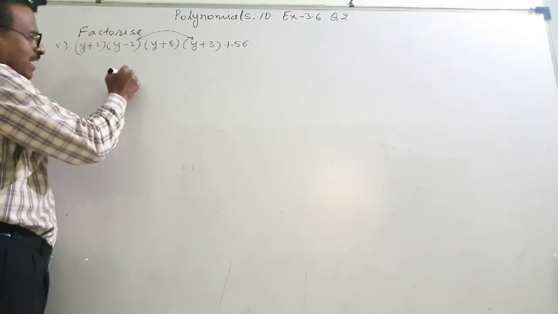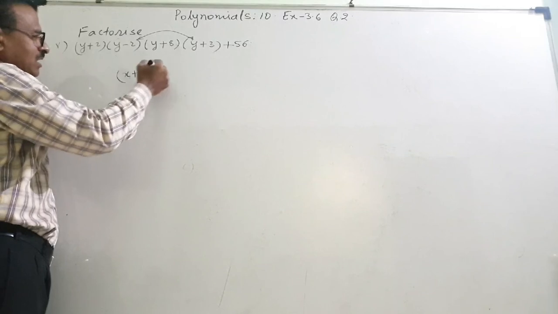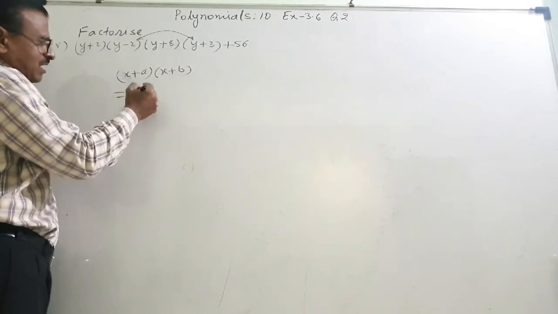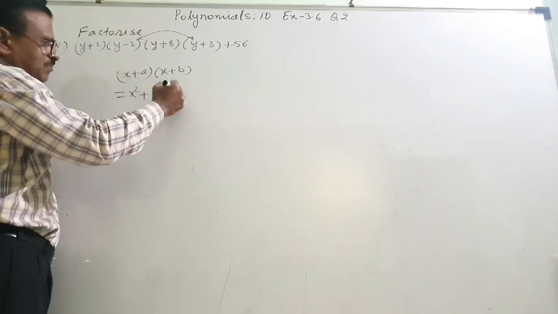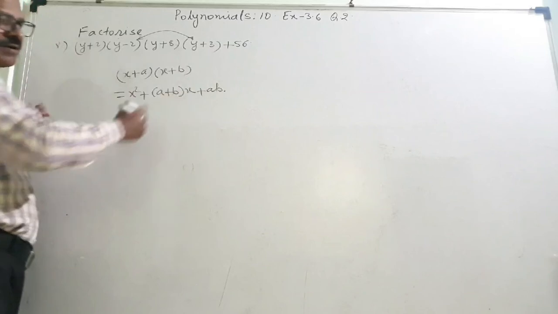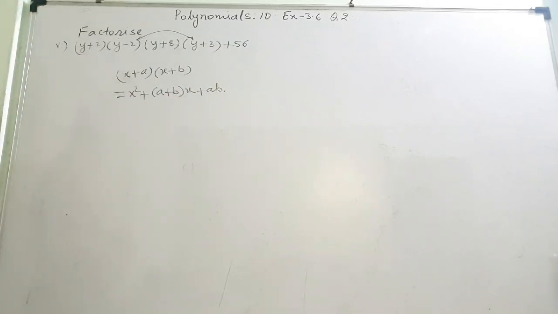You know, x plus a into another bracket x plus b, the expansion is x square plus a plus b into x plus last term is ab. This way you do. So that is not equal to that one. So I will take another way.